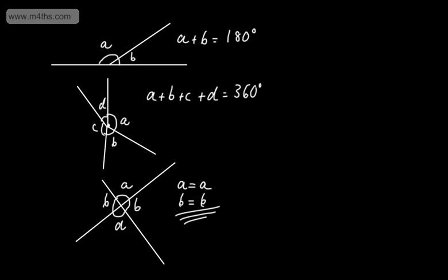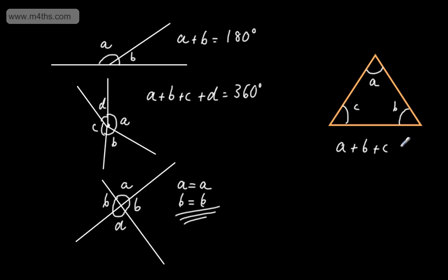Let's now look at a triangle. The angles in a triangle sum to give 180 degrees. So all I'm going to do is write this on, and we'll just pop these on. So if we have this angle just here, we will have A just here, we will have B just here, and we'll have C just here. We can say that A plus B plus C will be equal to 180 degrees.